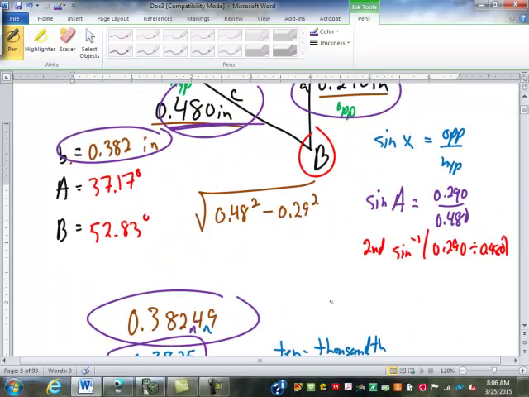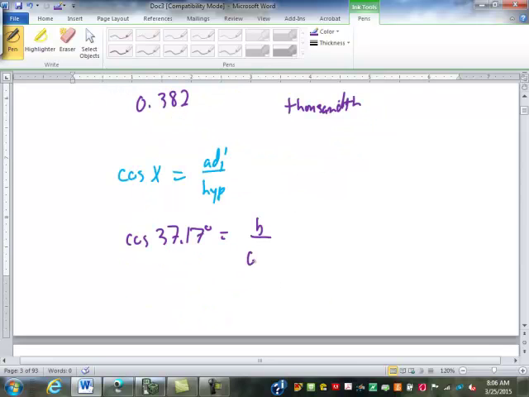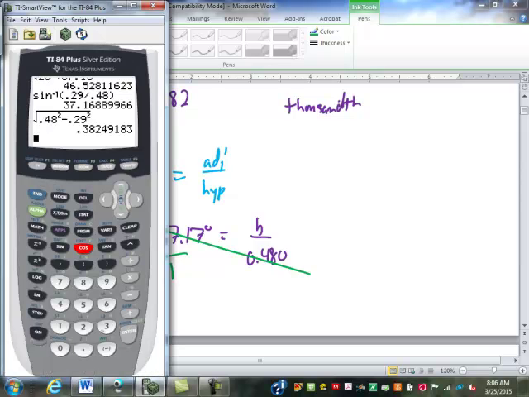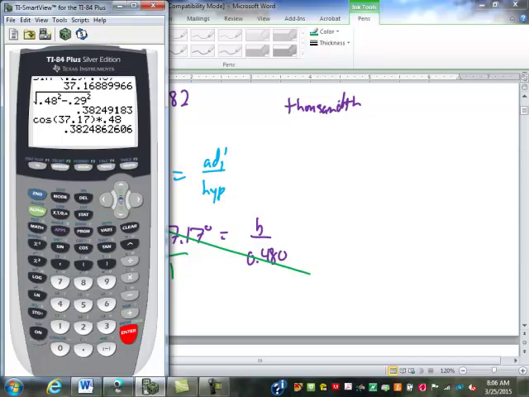And we had the hypotenuse of 0.48. Put that over 1. Cross multiplying, it's just going to be cosine of 37.17 times 0.48. And we get, magically, 0.382, exactly what we got before. So it should work out either way.